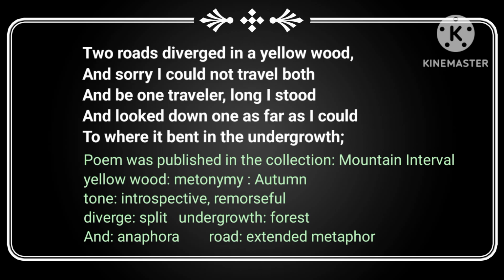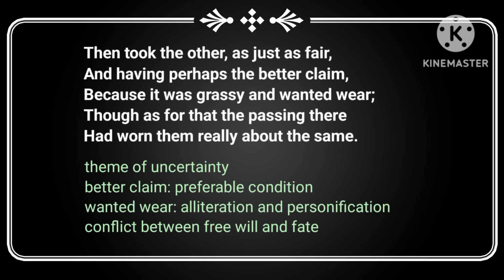Anaphora is a figure of speech where successive lines begin with the same word or the same phrase. So because all these lines are successive and they begin with the word "and," that is why it is an example of an anaphora. Now let us read the second stanza.